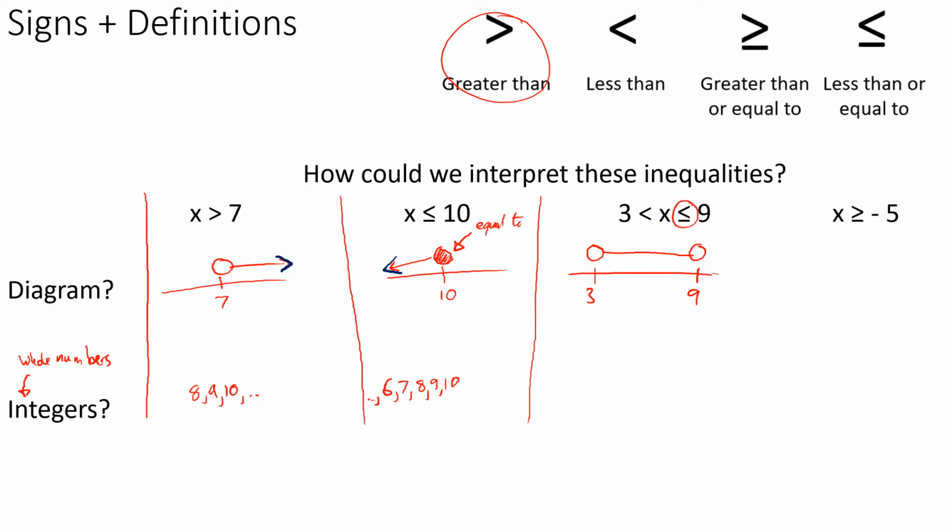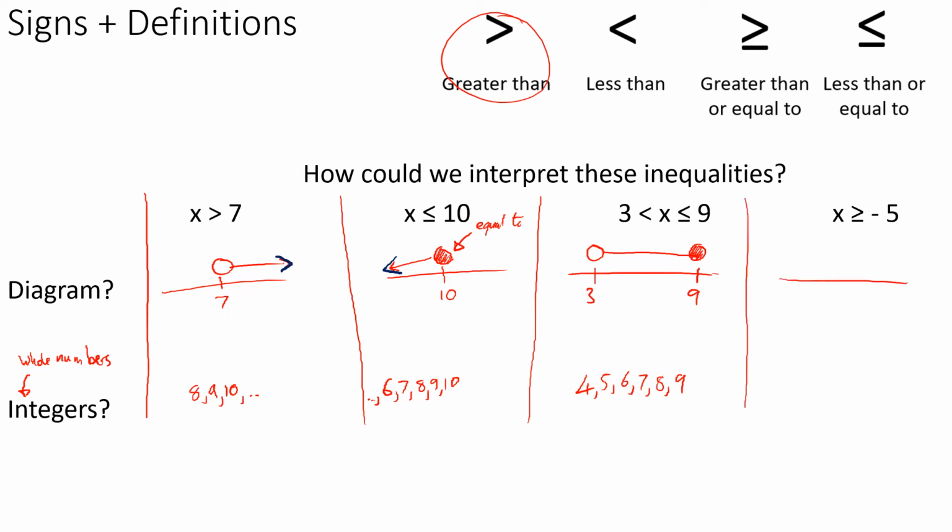Well, we have a less than or equal to symbol on 9, so that means we have to shade in the circle on 9. Which integers does this involve? Well, it involves everything between 3 and 9, but not 3, because we would definitely have a less than symbol there. So we would go all the way from 4 up to 9, and we would include 9 because we've got the equal to symbol there.